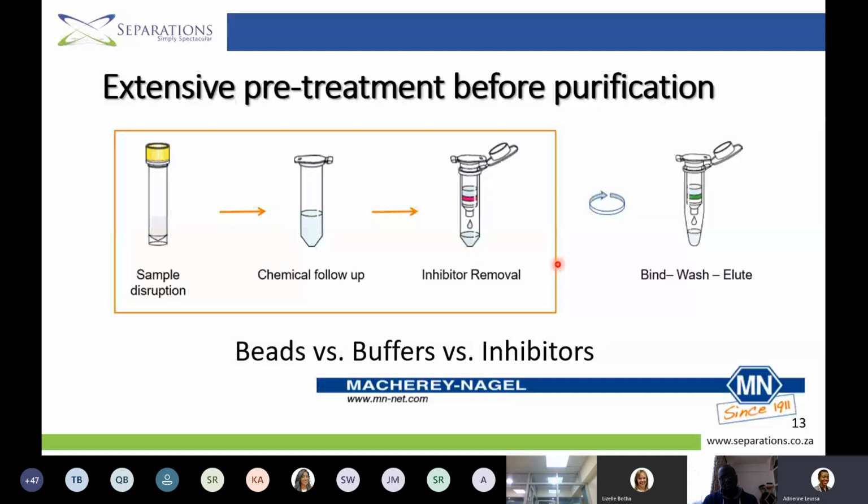And then as a third strategy, we are also able to provide solutions for removal of inhibitors. We are aware that environmental samples come with an abundance of inhibitors. And so there are strategies out there to target and eliminate those inhibitors so that our NGS and PCR downstream reactions are more successful.